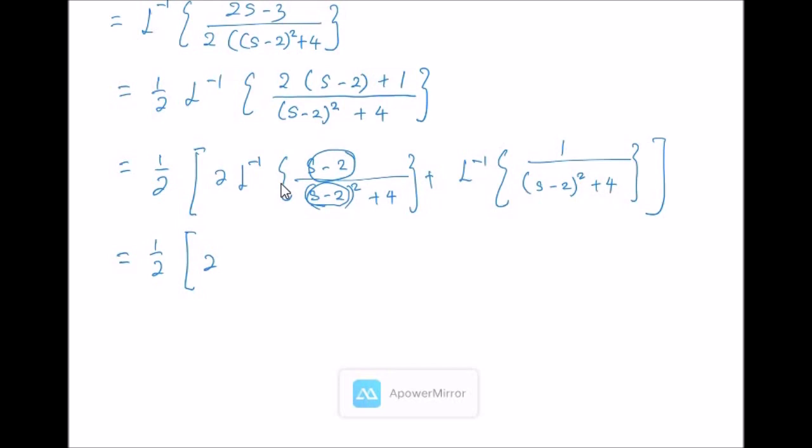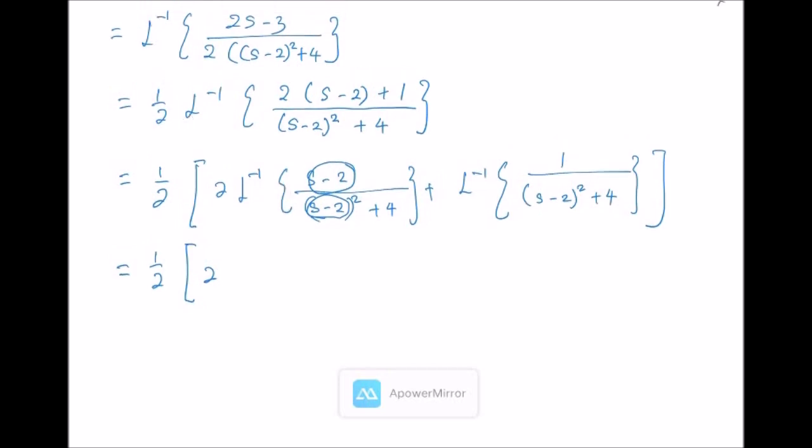Okay, maybe I write in a different color. This and this, you will obtain exponent 2t, and then inverse Laplace transform of s divided by s squared plus 2 squared. Alright.